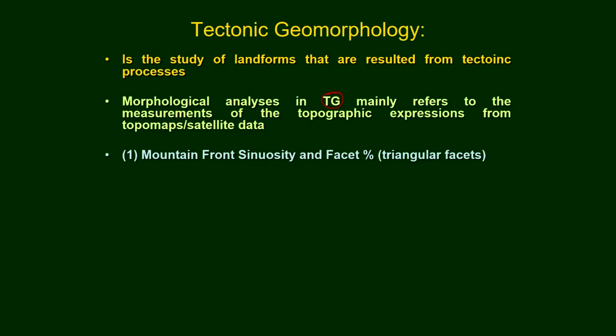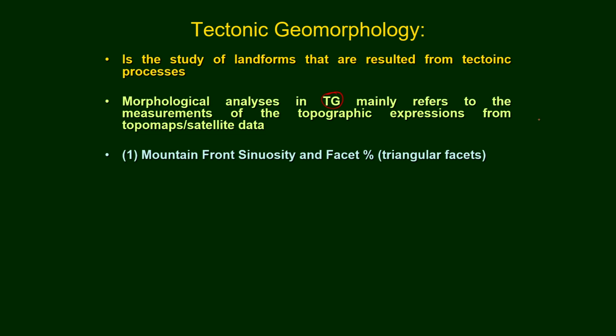You can have high resolution satellite data, or even use larger scale topographic maps, for example 1:25,000, and extract information such as what we are showing here: the mountain front sinuosity and facet percentage. So, mountain front sinuosity is how sinuous it is.